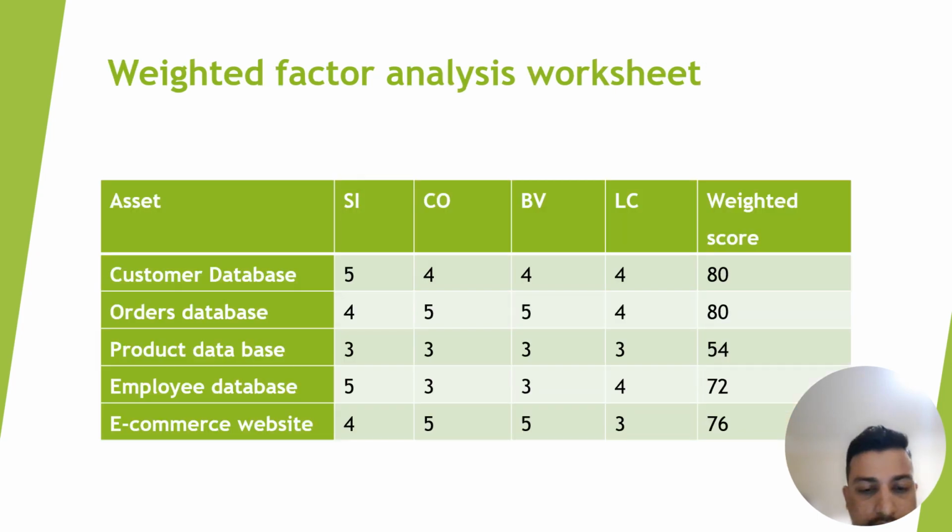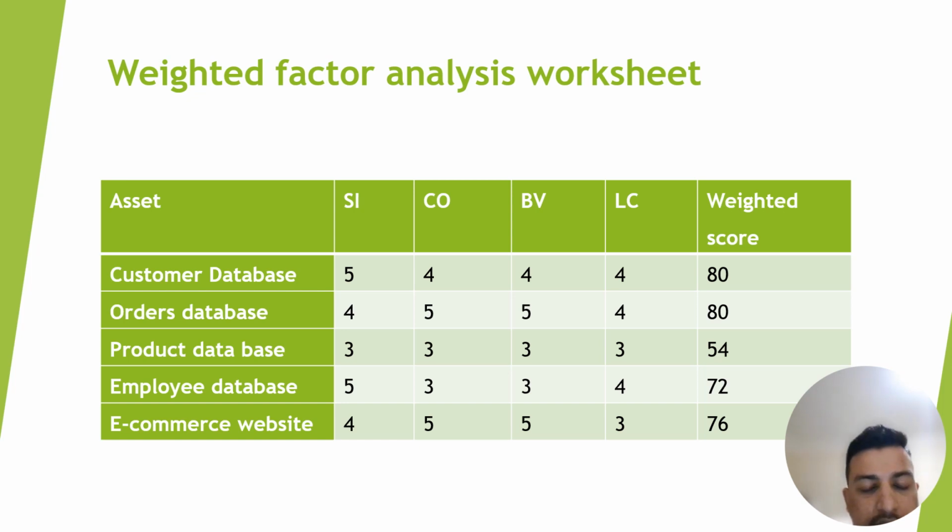Let's move on to our next slide, which is the weighted factor analysis worksheet. In this slide, you can see the criteria: SI, which stands for sensitivity of information, CO stands for criticality of operation, whereas BV stands for business value, and LC stands for legal and compliance requirements.